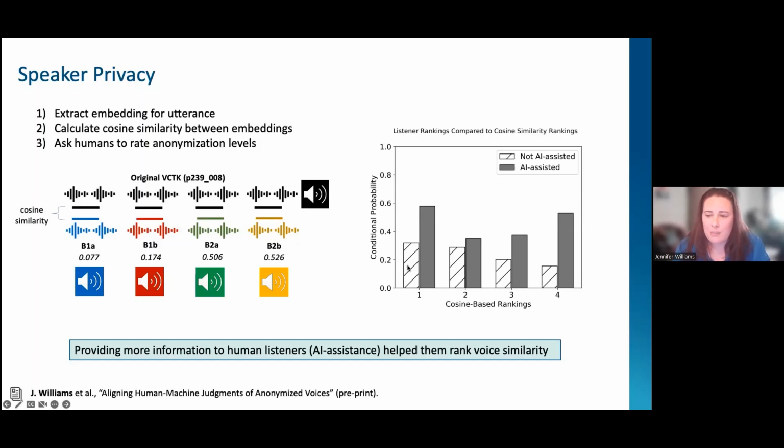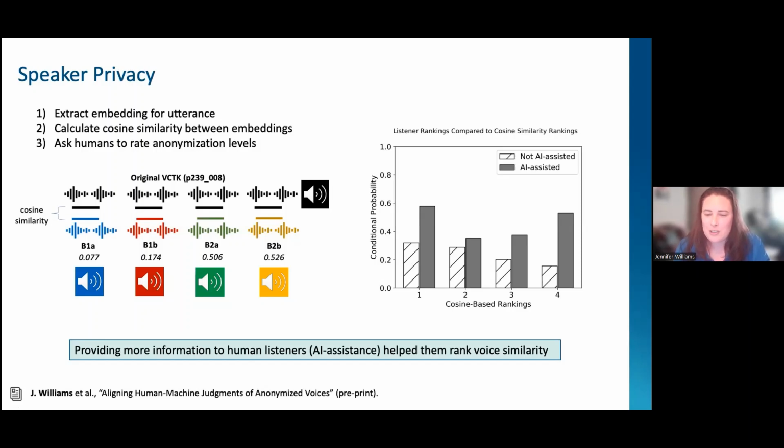Then when we gave them a bit of what we call AI assistance, where we provide them with our judgment from cosine similarity of how similar the voices are, they tend to get the rank 1 most similar voices identified correctly. But they didn't completely trust our cosine similarity scores.